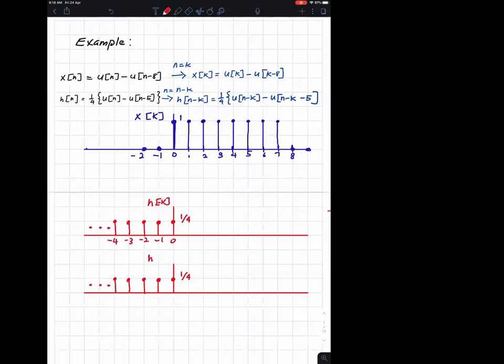Now h[n minus k] is the same as h[minus k plus n], right?